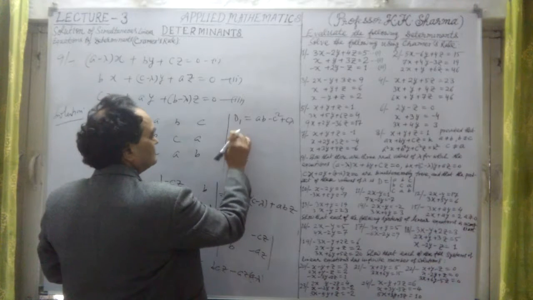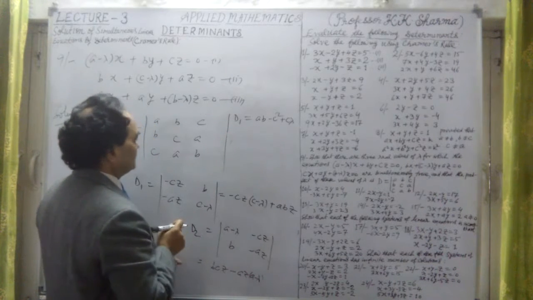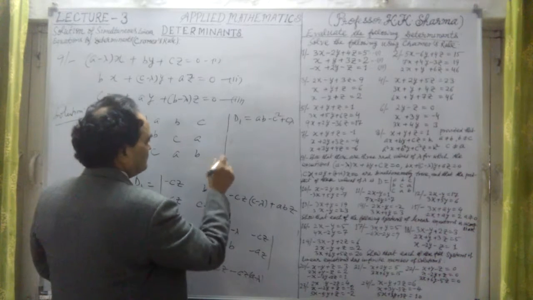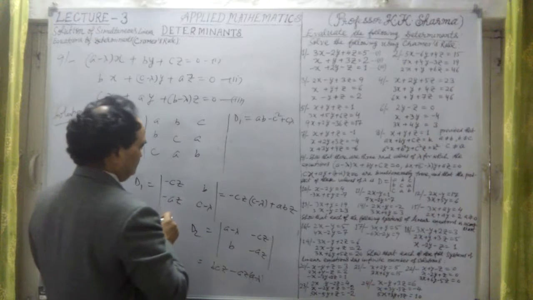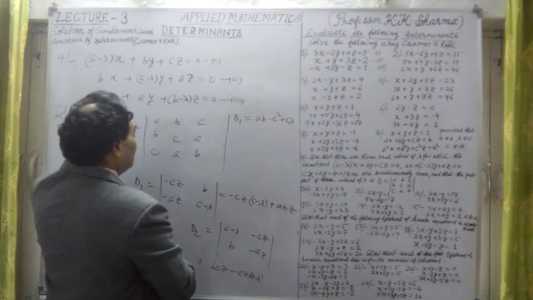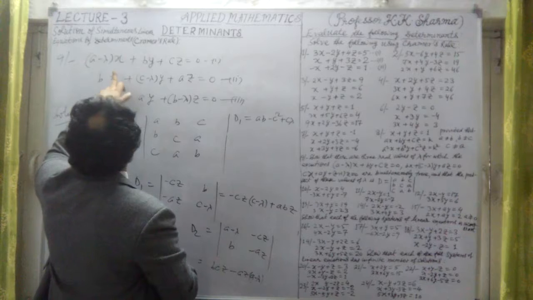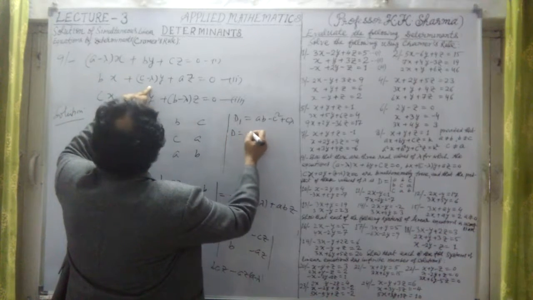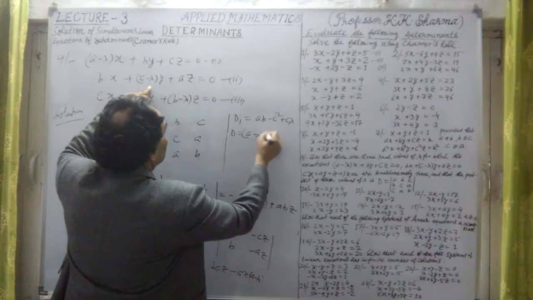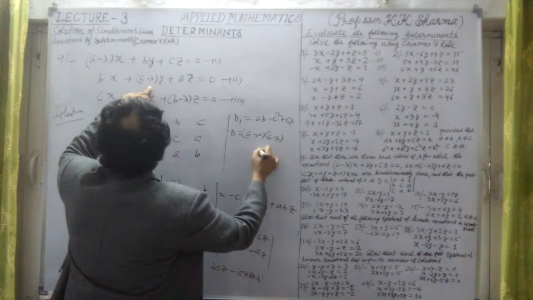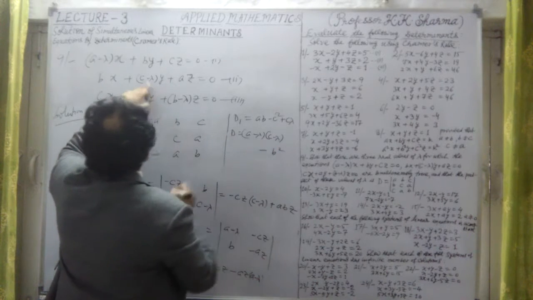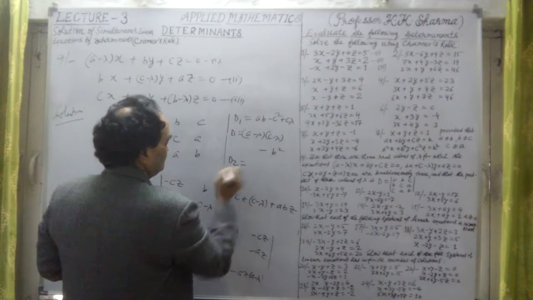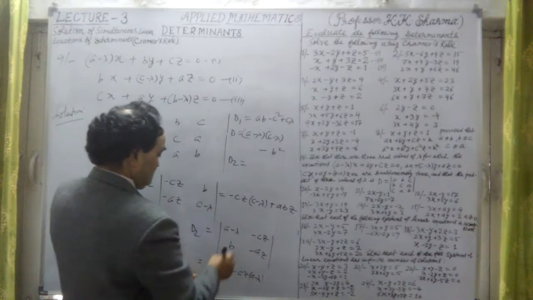D was the same thing, because in D we were having only these two values, C minus lambda, so D was A minus lambda into C minus lambda minus B square. That is D. Now D2 is here. This is BCZ.